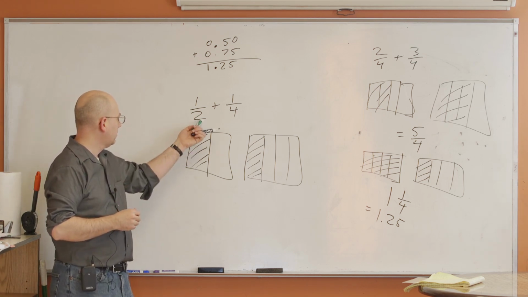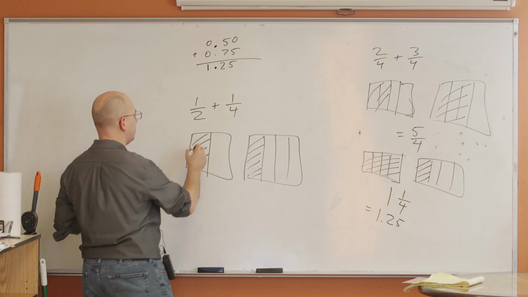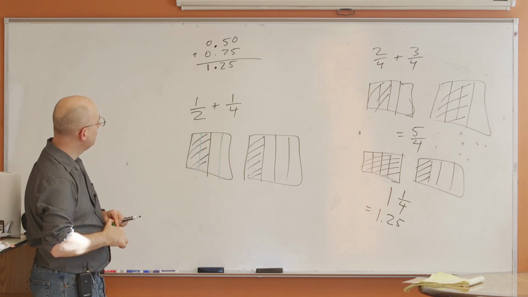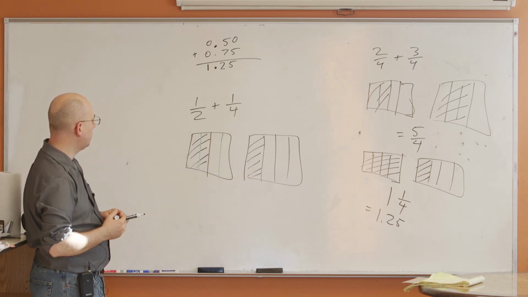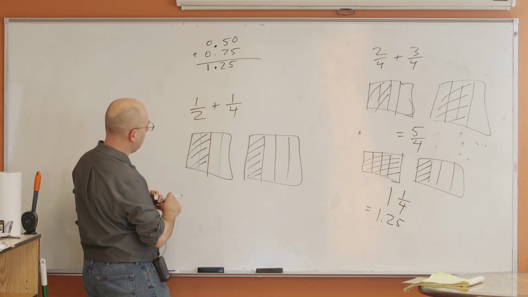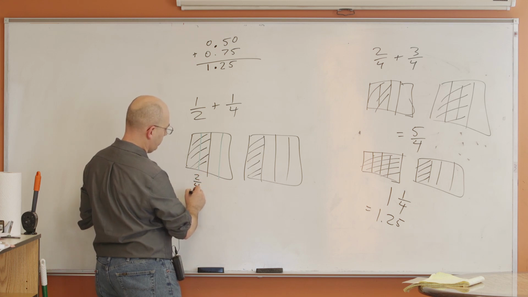So this half, I need to divide into 4 pieces. And so, when you divide it up like that, this becomes 2/4.